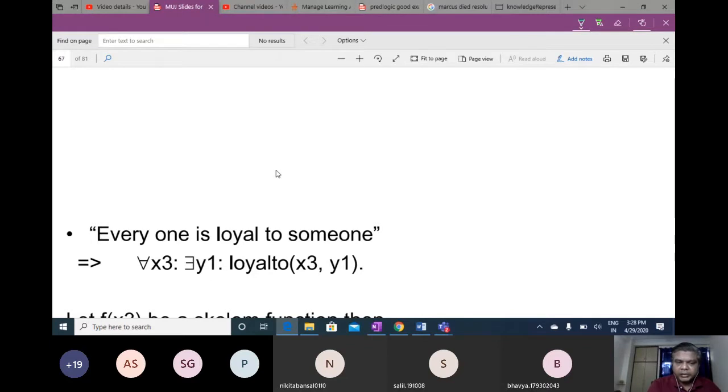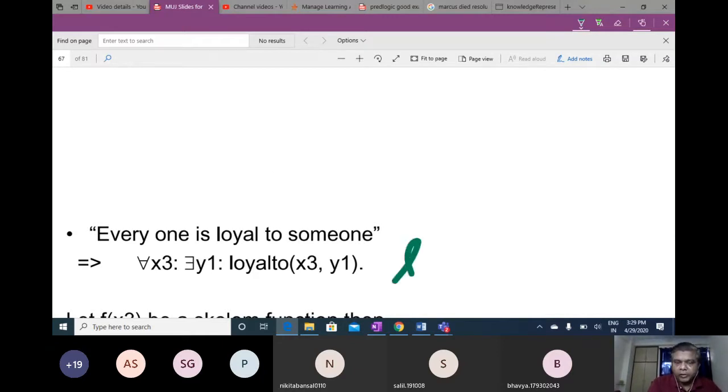Instead of a constant, we will use some function of x3. When we convert this into CNF, we will get loyal to x3 comma f x3.